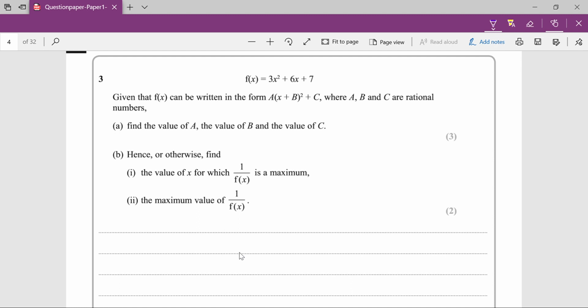Interesting. So I think that 1 over f(x) will be a maximum where the absolute value of f(x) is closest to 0, because that would make the largest number, right?